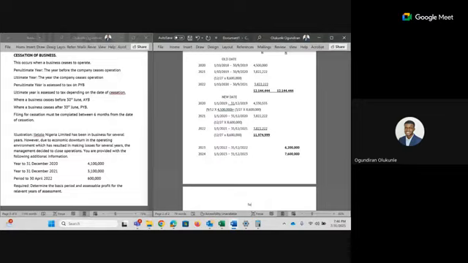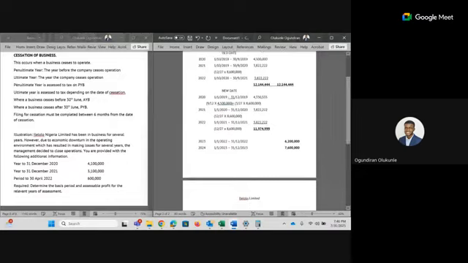Ilelo Law Limited. Determination of basis period, and let me include here the due dates for filing, and assessable profit.